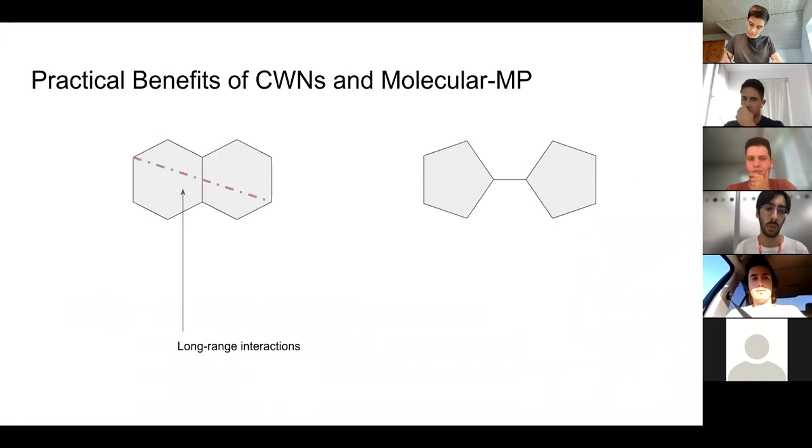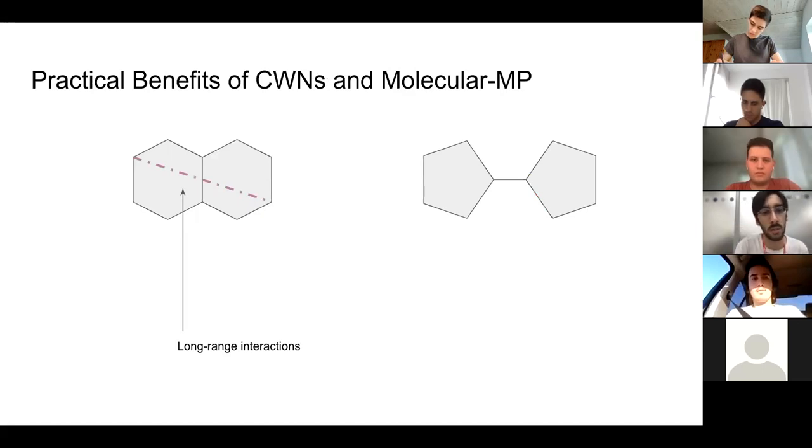For example, in molecular modeling, we sometimes have molecules whose properties depend on the properties of nodes at opposite sides of rings. And as Chris already illustrated with the cartoon, when we apply CWL, and also in this case CWNs, we create shortcuts between edges when they are in the boundaries of the same two-dimensional cell.